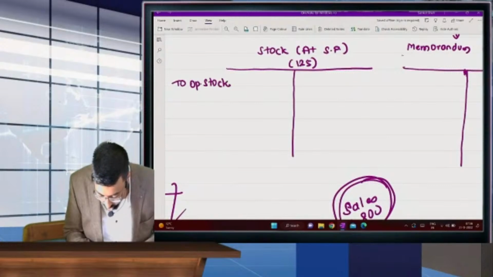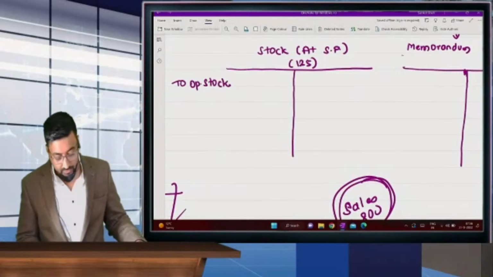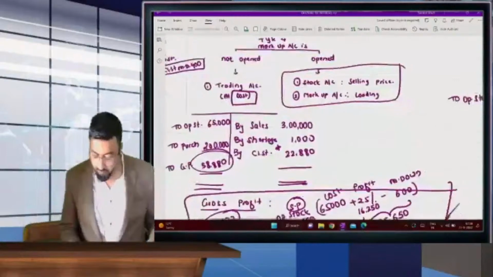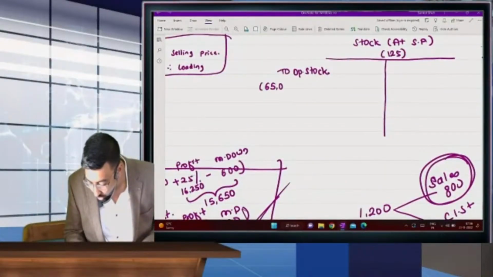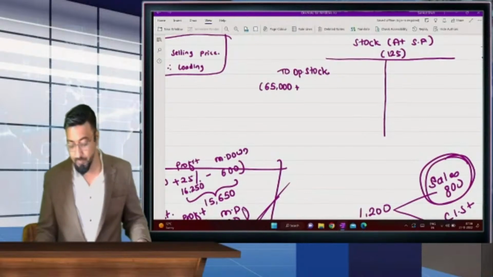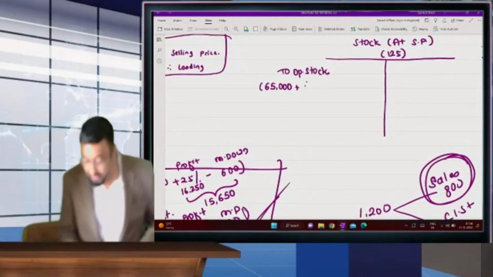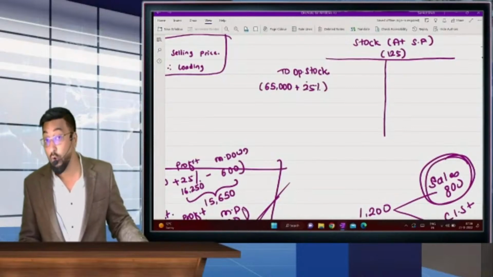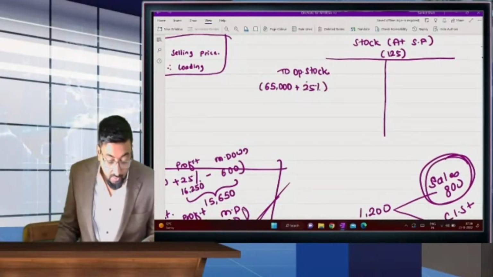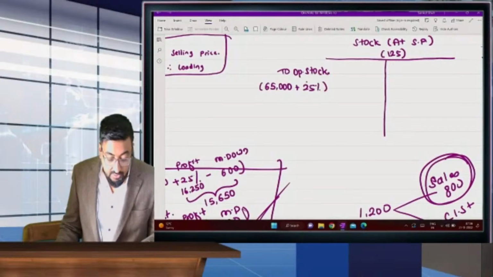So how to present it? To opening stock. So opening stock, I won't record at 65,000, but 65,000 plus 25%. But wait, there is markdown also. How much is the markdown in this? 600 rupees.